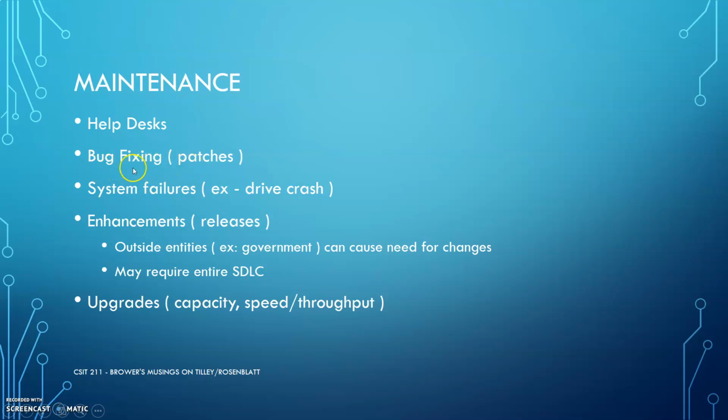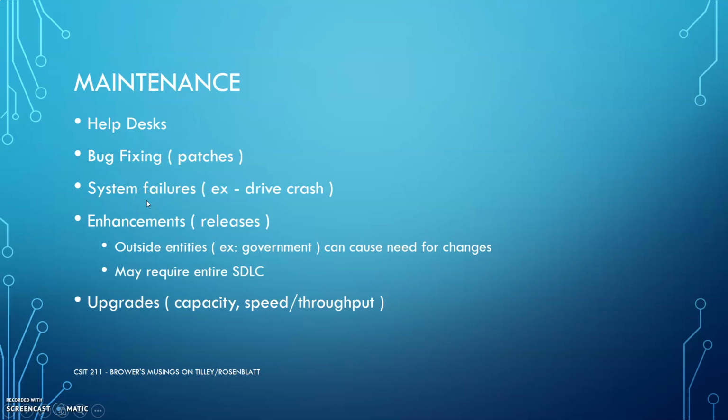And so depending on the emergency of those, that could be immediate repairs that have to be done immediately, or it could be something that, if there are regular releases of a system, which I do refer to here also in terms of enhancements, it may be that if we can live until the next release, like next month, we can work on that later. But patches to a system many times are just addressing some of those bugs that will come up.